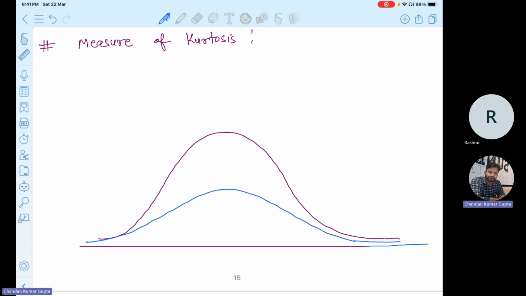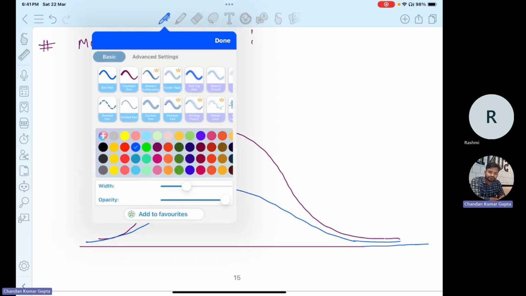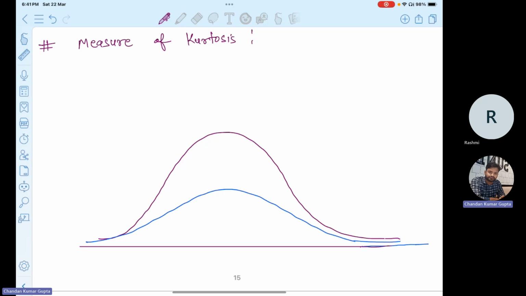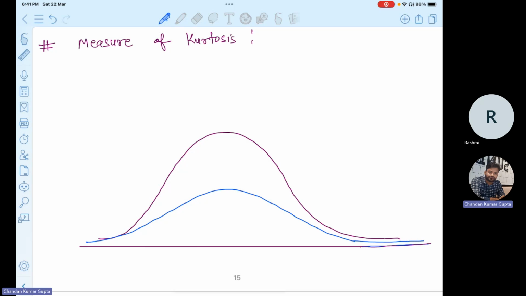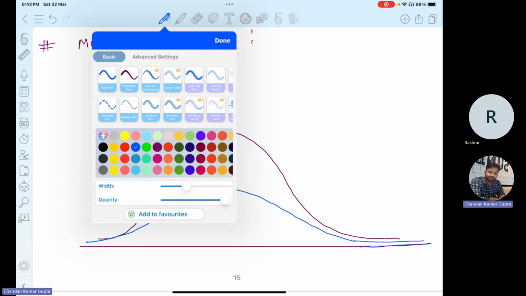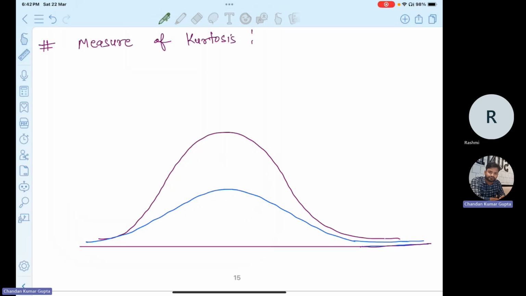Okay, and there is one more kind of curve. Let me write with this color. Okay, so I have drawn three different kinds of curve, and these curves are on the basis of the height or peakedness.